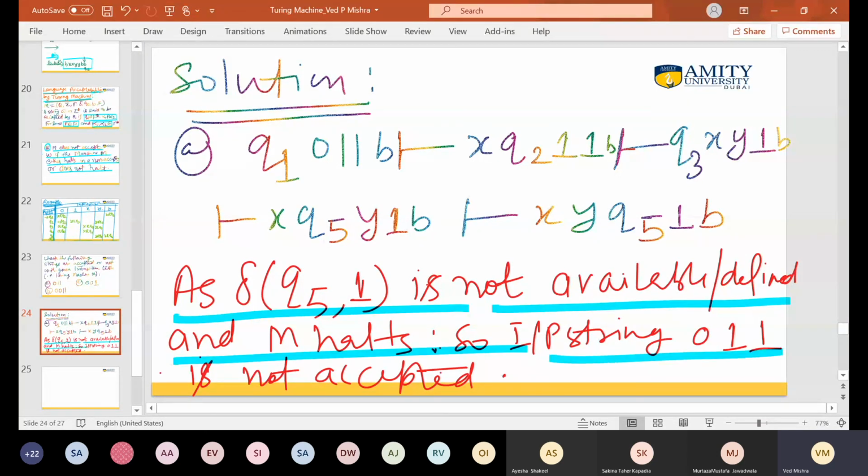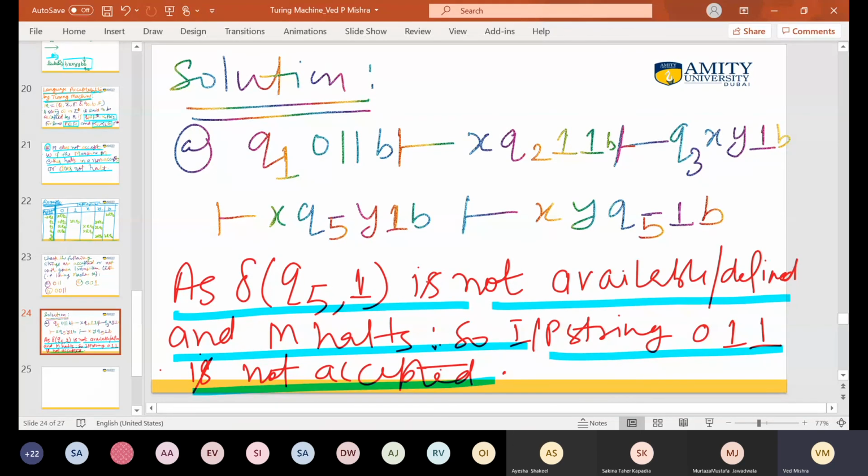Any confusion, anybody in this question? So can you solve part B and part C now? Can I expect that from you, or should I solve them here again?